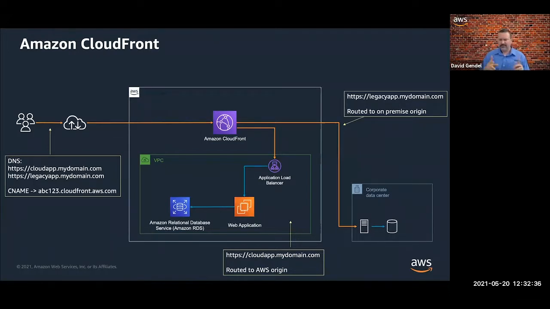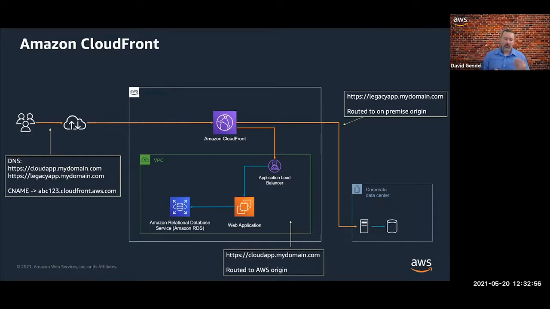But again, you can route those using different rules or patterns, and this is how you leverage CloudFront. One thing I do want to talk about with CloudFront is that it is a pull-based cache, not a push-based cache. What that means is you don't upload your content into CloudFront, right? And it doesn't proactively go fetch your content.